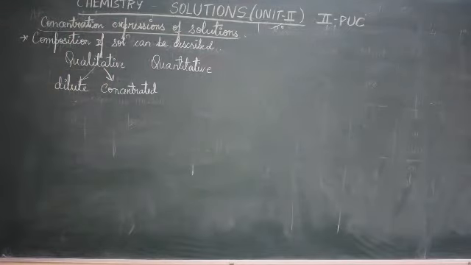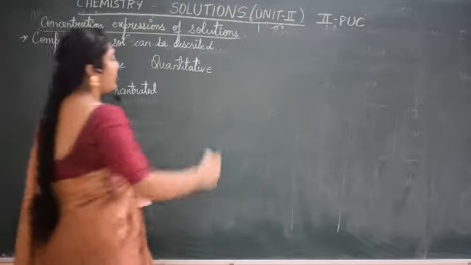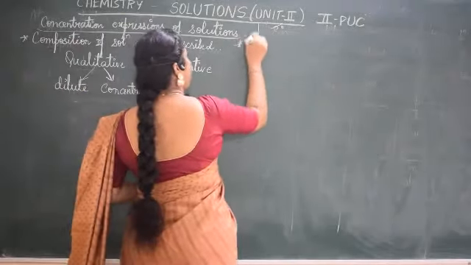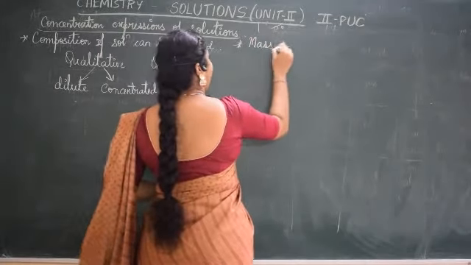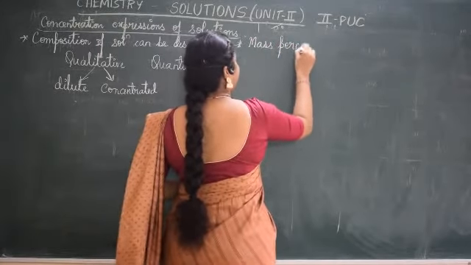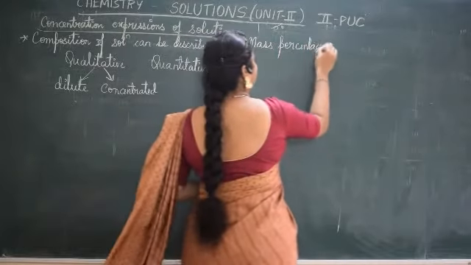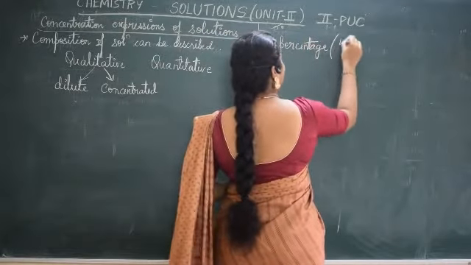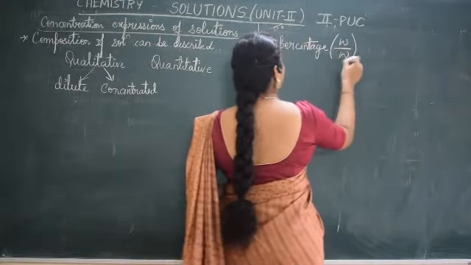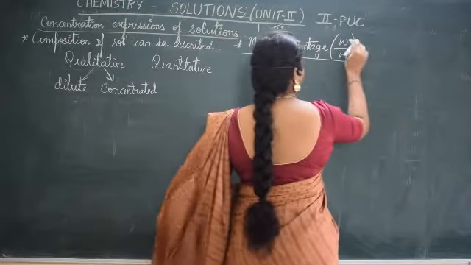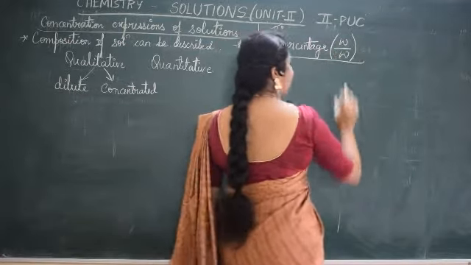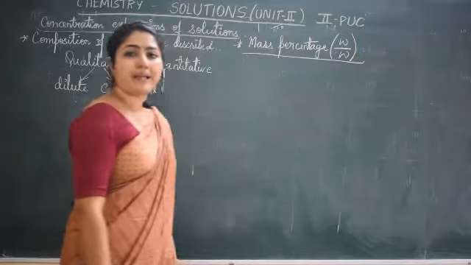The first way is mass percentage, which we also denote as W by W. This means W is relative to mass.